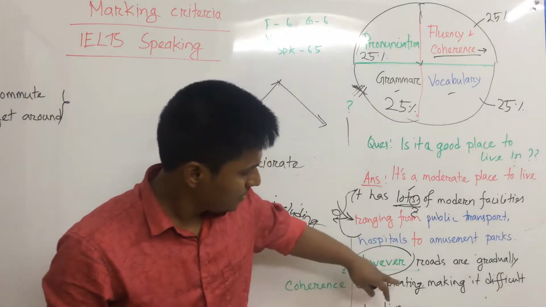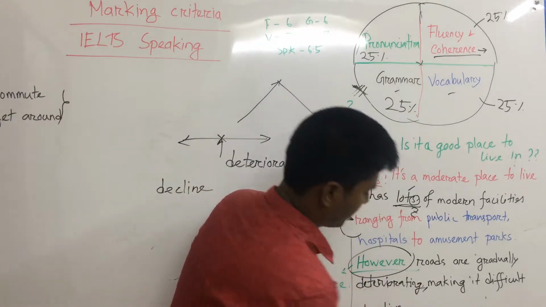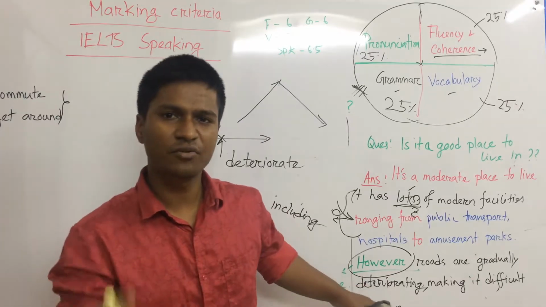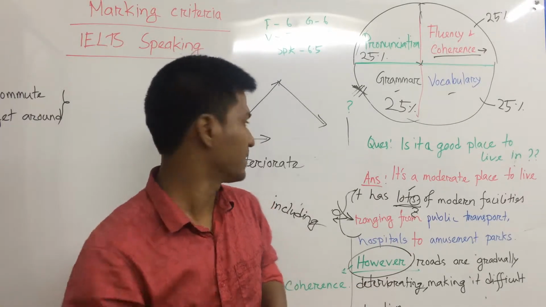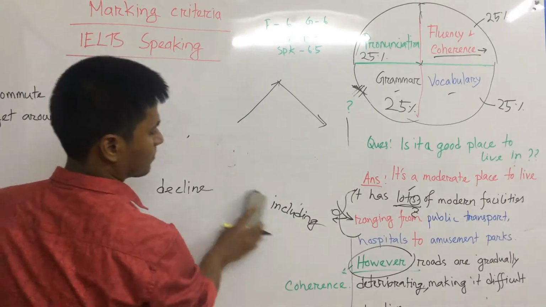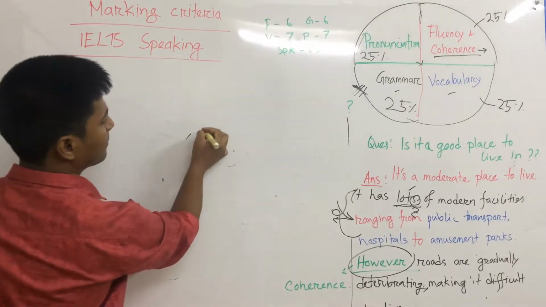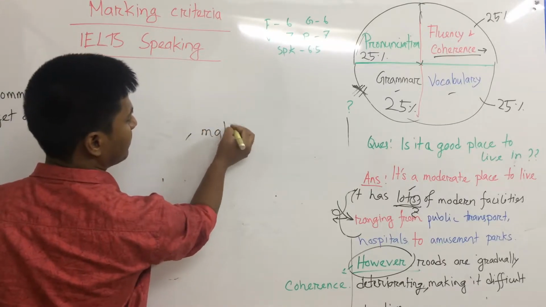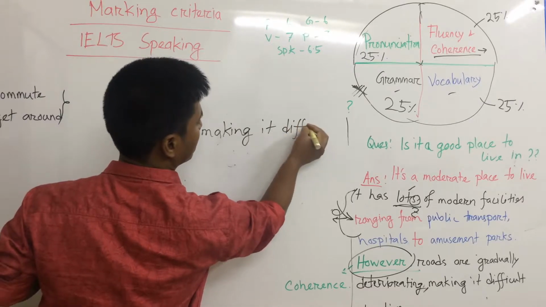Okay. Now, after deteriorating, we have a comma. Deteriorating, comma, making it difficult.